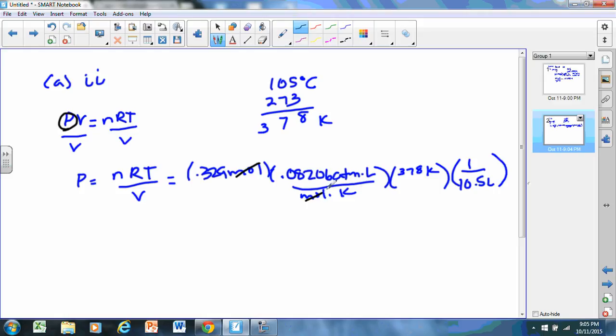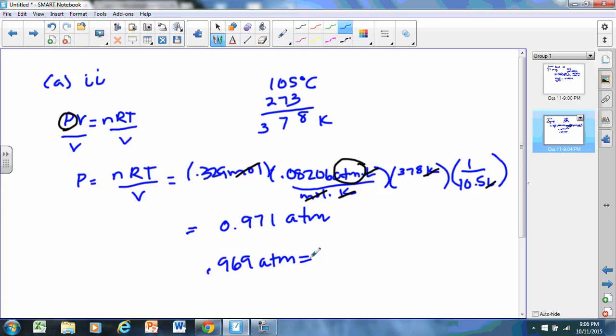Mole cancels with mole, and K cancels with K, and liters cancels with liters, and nothing cancels with atmospheres, which is great because that's what we're looking for. And I get that it is 0.971 atmospheres. Now, the one thing I have to say is when I check the scoring guidelines they have 0.969 atmospheres, which is very close.